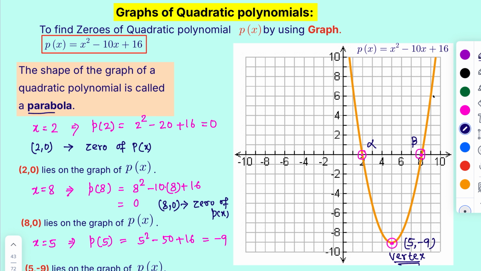And here we define the vertex. Vertex is either the maximum point or the minimum point of the parabola. Vertex of the parabola is the minimum or maximum value of p of x.